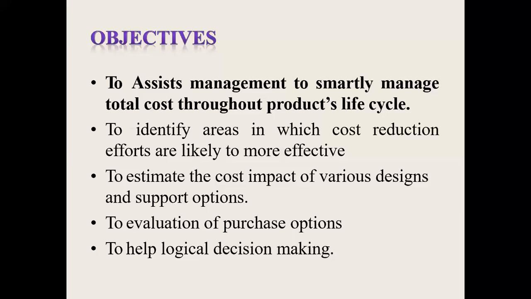So in the evaluation of purchase options, from the customer's point of view purchase options may be different, and from the contractor's point of view, purchasing of raw material can be different. So you have more options, you can evaluate them, make the cost benefit analysis, and help logical decision making.